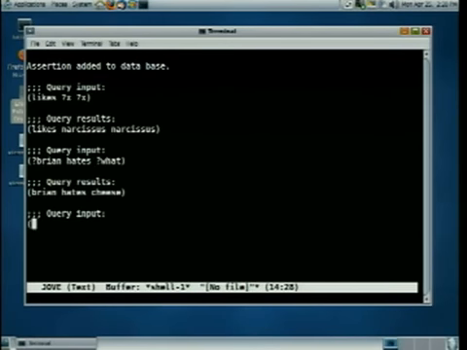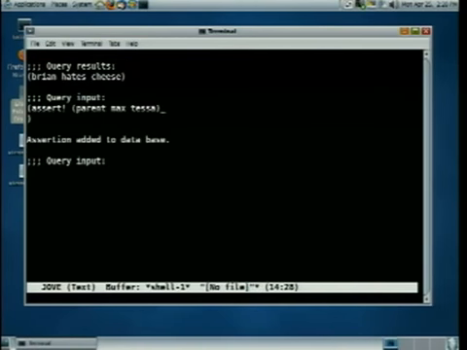So I'm going to put in a little bit of data here. Did that work? Yeah, it did. Okay.